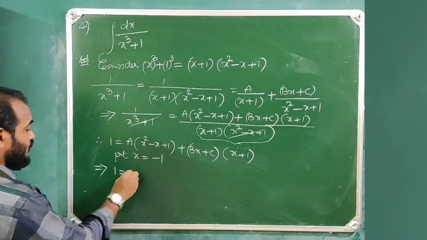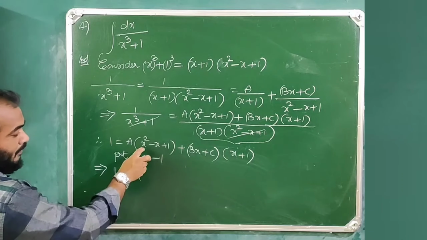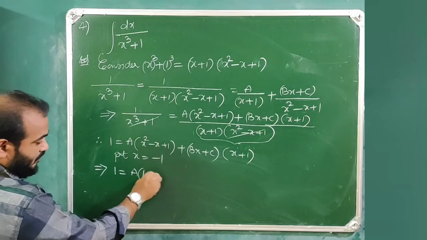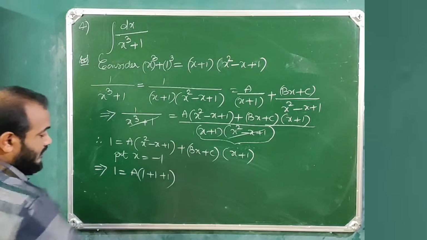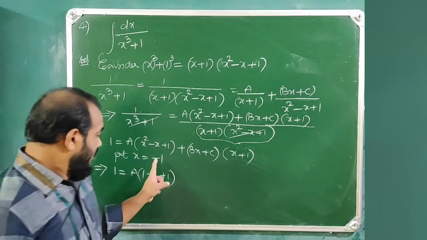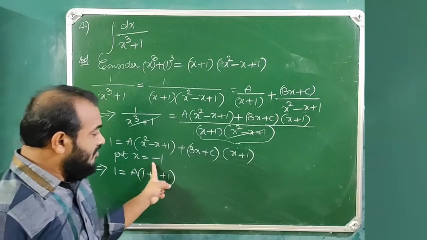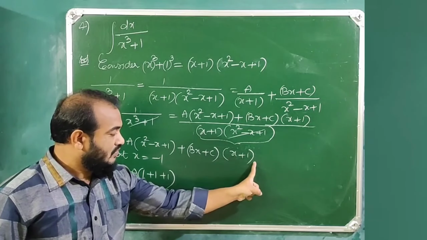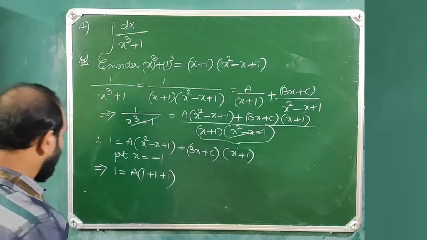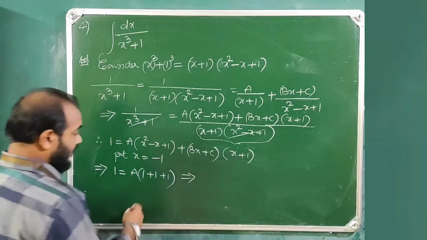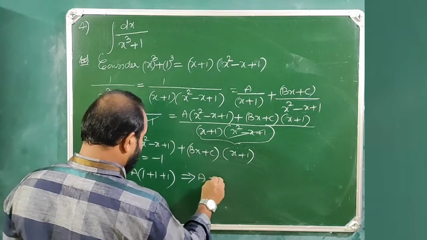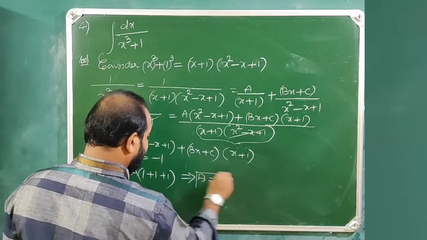Then 1 is equal to a into minus 1 whole square is 1, minus of minus 1 plus 1. Minus 1 plus 1 is 0, into something is 0. So 3a is equal to 1, or a is equal to 1 by 3.